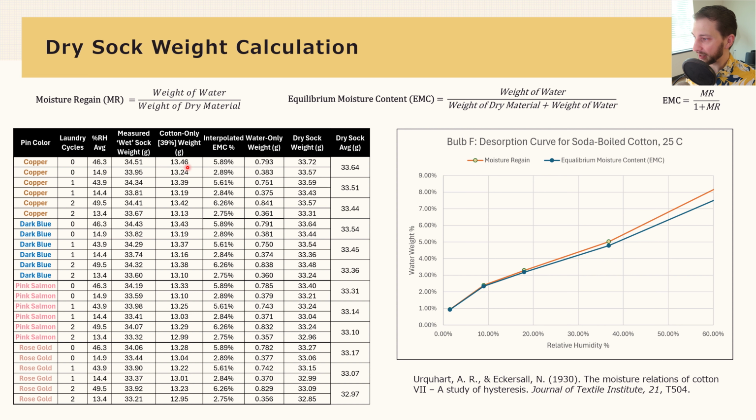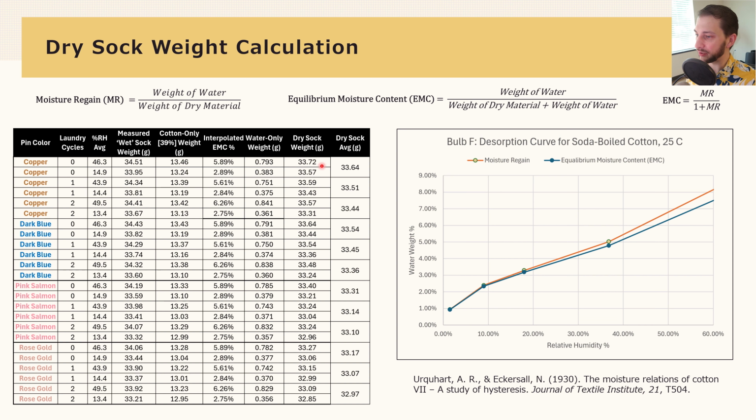Then we find for this humidity what the equilibrium moisture content is. I've done that, so 5.89%. And then we multiply 5.89% times the cotton only weight. That gives us the weight of water only. Then we subtract this water only weight from the wet sock, and that will give us the weight of the dry sock only.